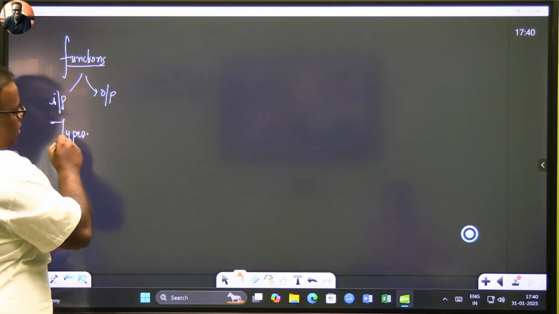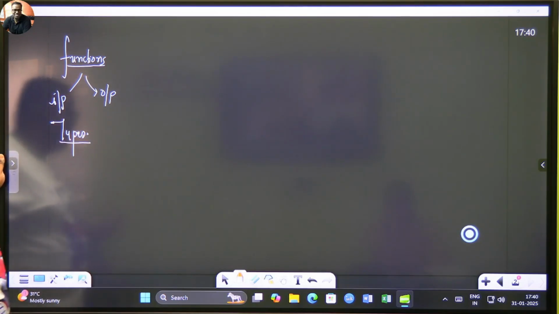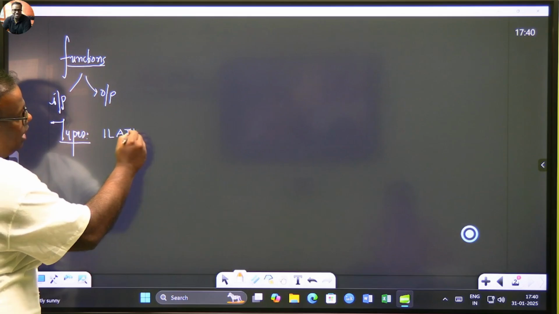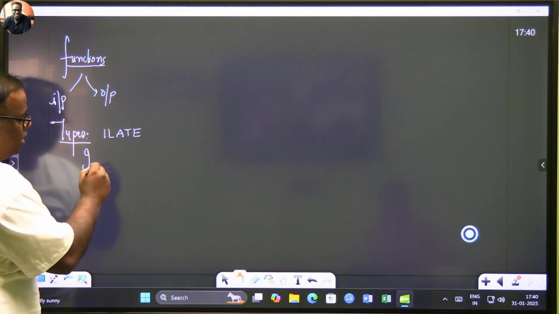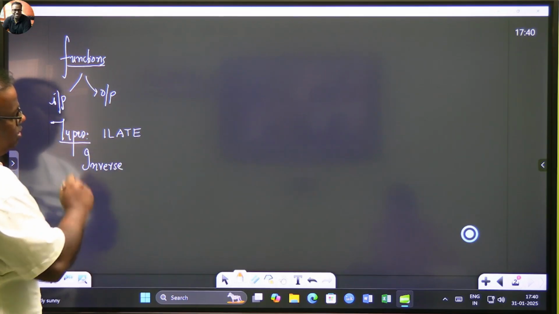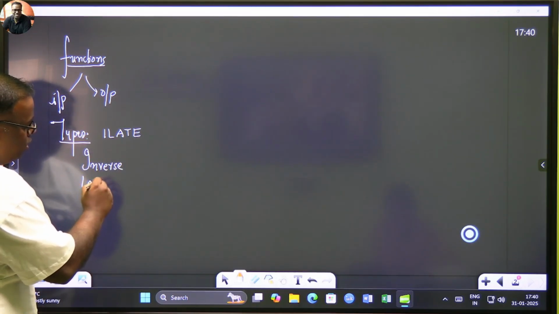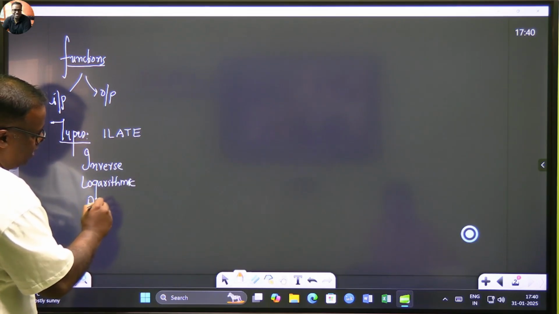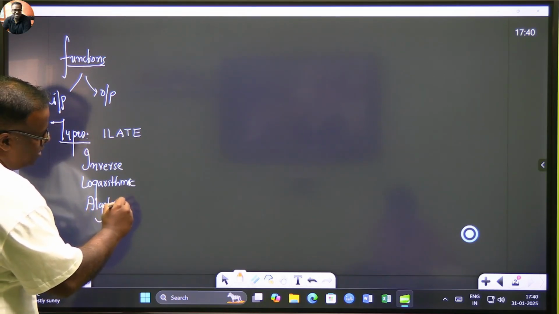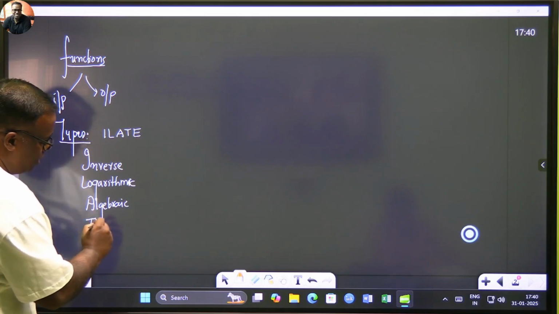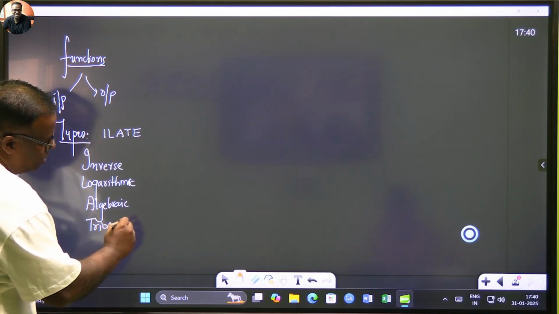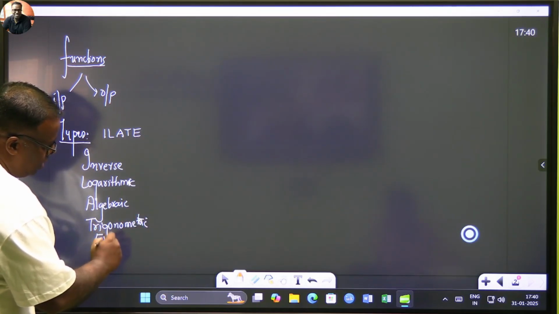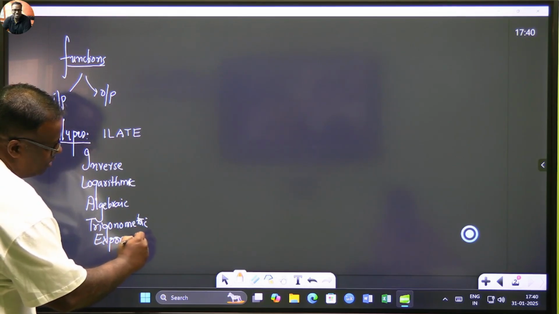Now, first, let us understand what types of functions we have. Any branch of mathematics that you study, right from here to high end, functions are of this type only. ILATE, ILATE, where I stands for inverse functions, L stands for logarithmic functions, A stands for algebraic functions, T stands for trigonometric functions, and E stands for exponential functions.